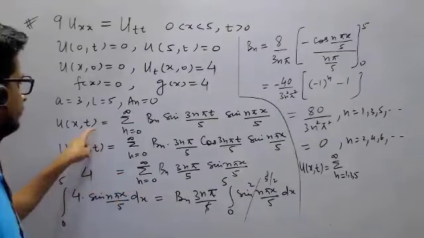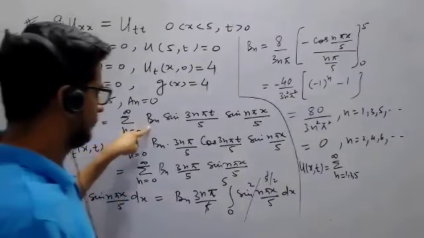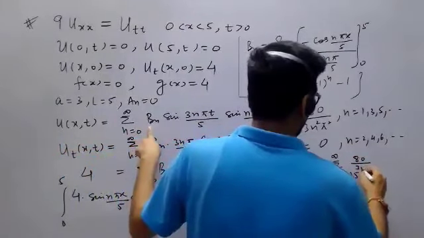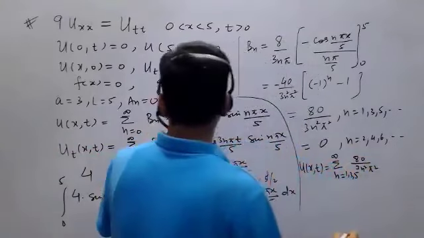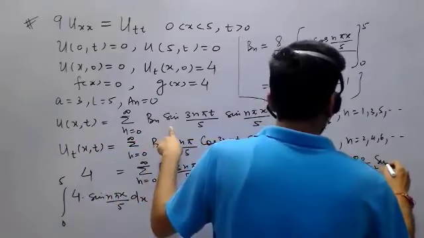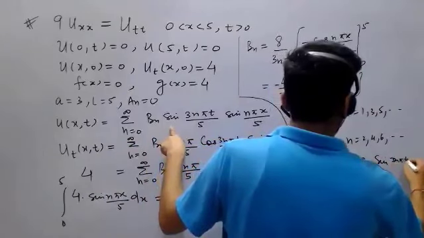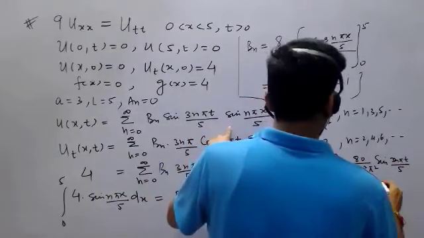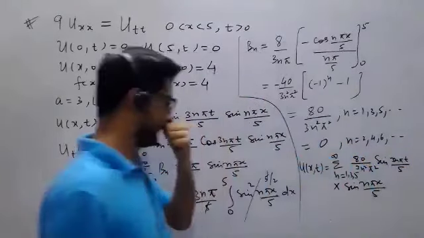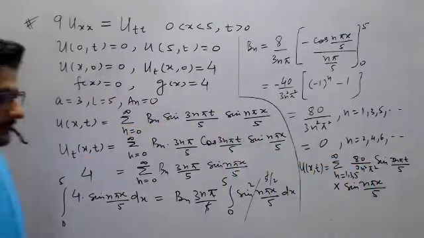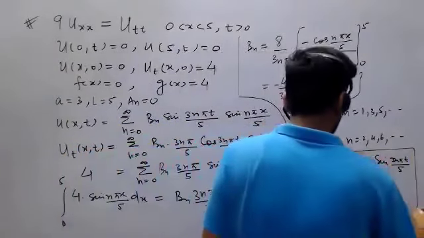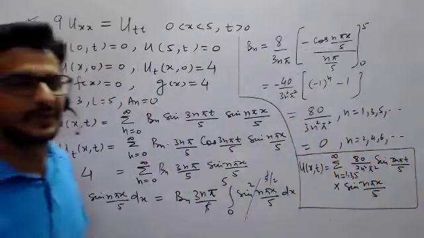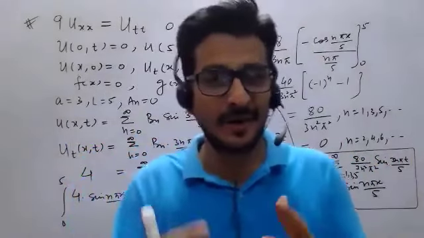This is our solution, and b_n, which is given by 80 over 3n²π² into sine of 3nπt/5 into sine of nπx/5. This is the answer.